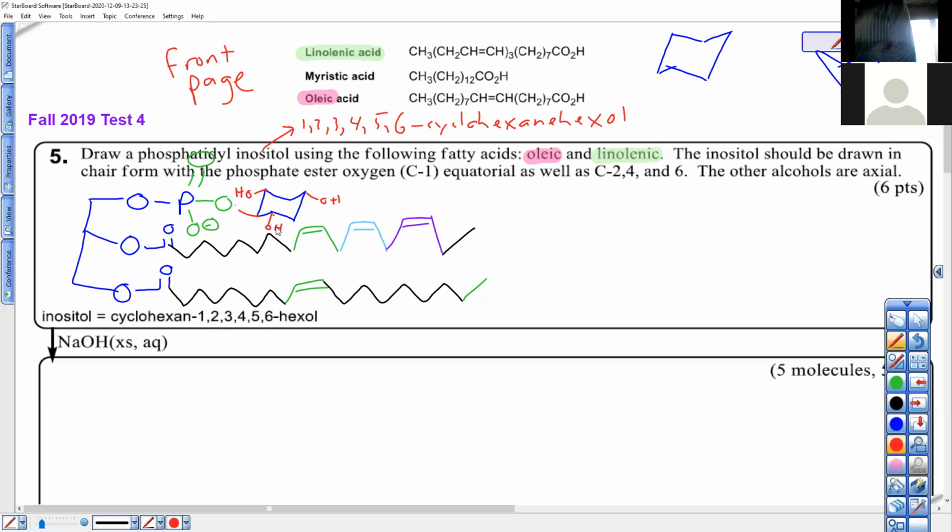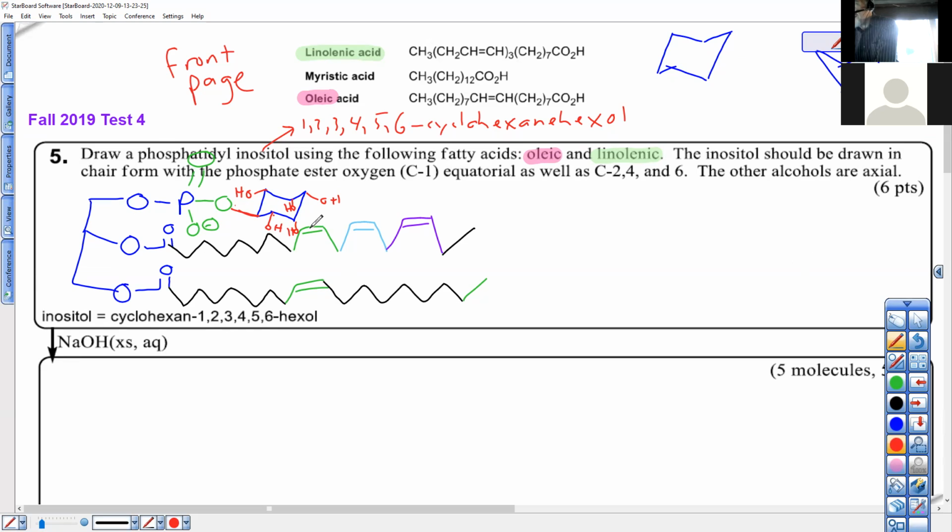Remember, parallel to this bond and this bond is equatorial. And there's a bond from the O to the carbon there. And other alcohols are axial. So let's put them on. It's not the prettiest, but it's there. And that's it.